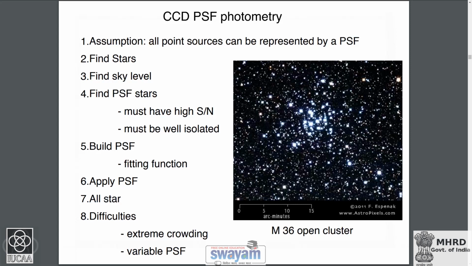There are, of course, problems in this method for two reasons. If the field is so crowded, the usual method of PSF photometry may have some issues. Alternatively, if the point spread function is variable across the CCD frame where you detect the image, then this technique of PSF photometry may not yield correct results.